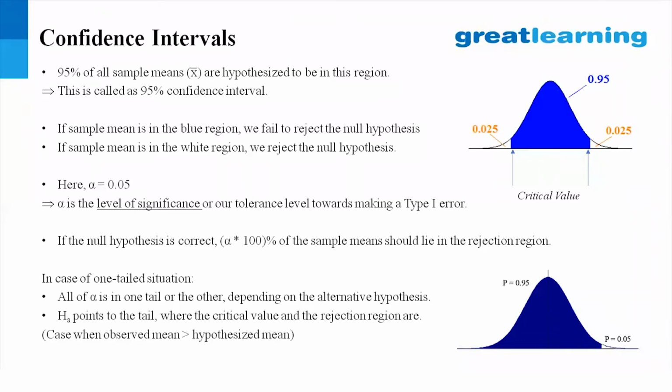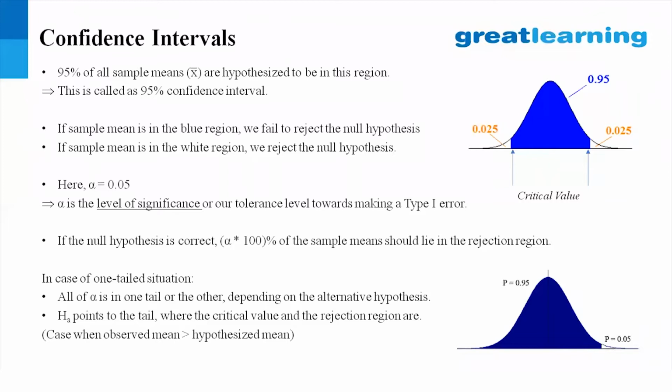One more thing to keep in mind here is that when you're doing a one-tail test, you'll have a null hypothesis and an alternative hypothesis. The alternative hypothesis will be on the side where your white region is. In the graph, the white regions are the rejection regions.